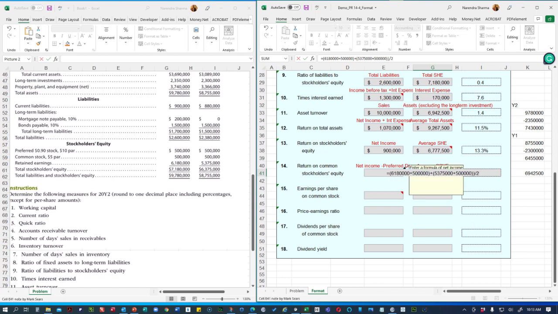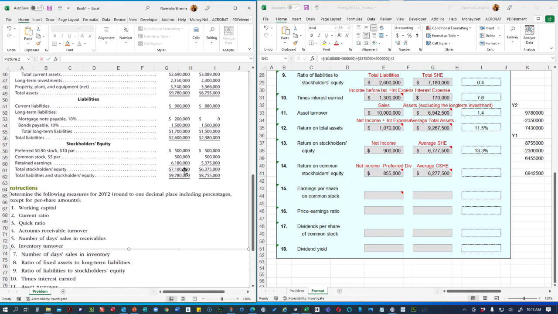So we need a second set of parentheses here. That will give me 6,277,500. There are two ways: add retained earnings plus the common stock, calculate the figures, add both of them, and divide by 2. Or the other way is 7,180,000 minus 500,000, excluding the preferred stock, and 6,375,000 minus 500,000.